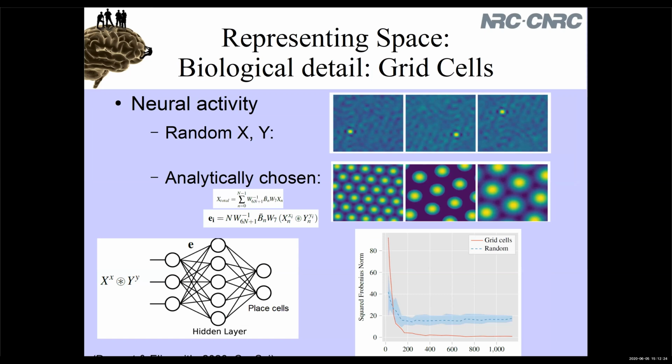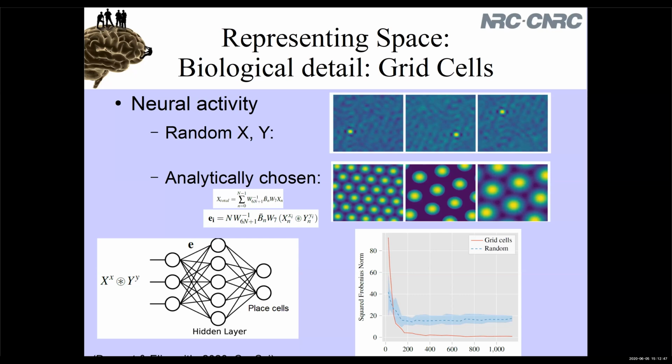There's groups of neurons that form this weird regular firing pattern where, as you move around in space, if you track one individual neuron, you can see that it fires for different points in space in this weird hexagonal grid. And if you take what I just described and implement it in neurons and look at the neural activity, you actually don't get that.